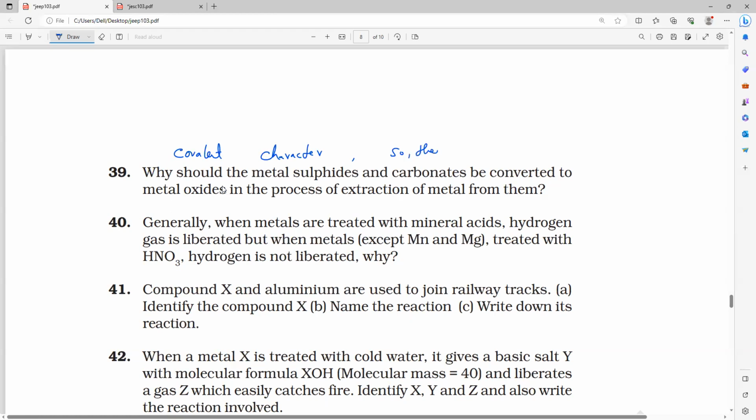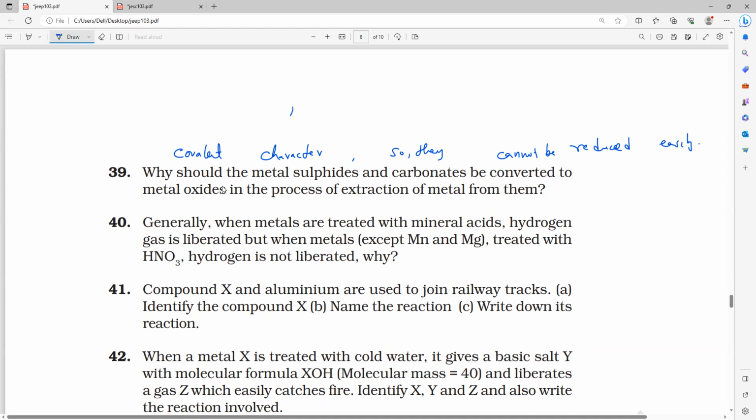So they cannot be reduced. Very important question. They cannot be reduced easily. Once again, I'll repeat. Generally, metal sulfides and carbonates show covalent character. So they cannot be reduced easily.